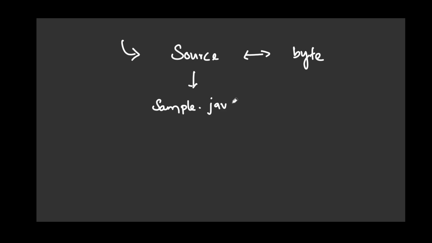So here for demo purpose, I'm going to create two folders. One I'm going to name as source and another one as byte. In the source folder, I'm going to keep the .java file. Let's consider sample.java is the Java file which I am going to have in the source folder. Then I'm going to compile this .java file in the source folder.